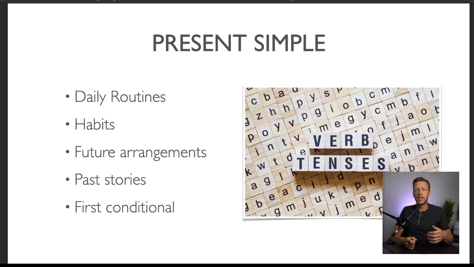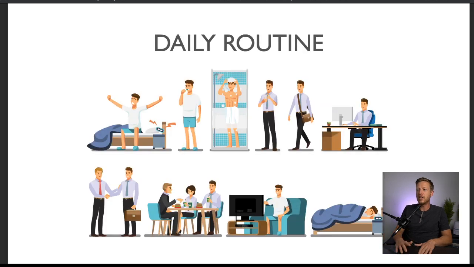For example, I go, he goes, we go, they go, etc. It's something you're going to learn naturally if you get lots of practice. So I always focus on when we use different tenses. The first one is a daily routine. Look at this picture. You can see somebody doing different things during the day.